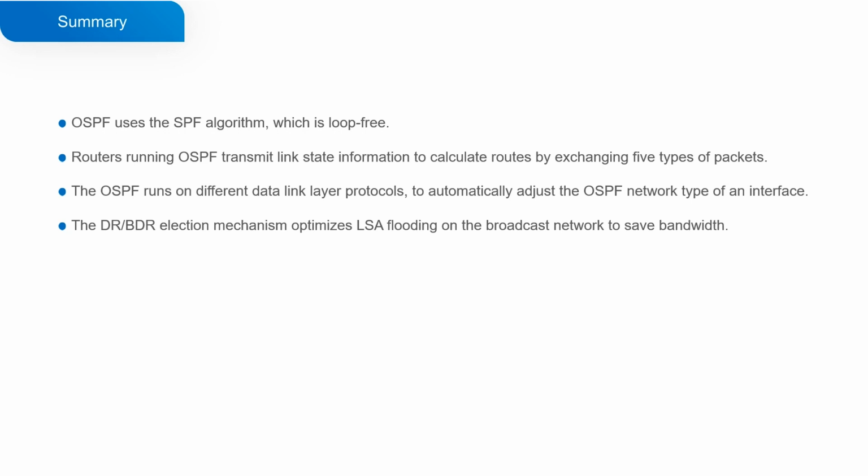The DR-BDR can optimize LSA flooding on the broadcast network to save bandwidth. Of course, we can also use area division to control LSA flooding, and to decrease the number of LSA entries in the LSDB. So area division can help every router work better.